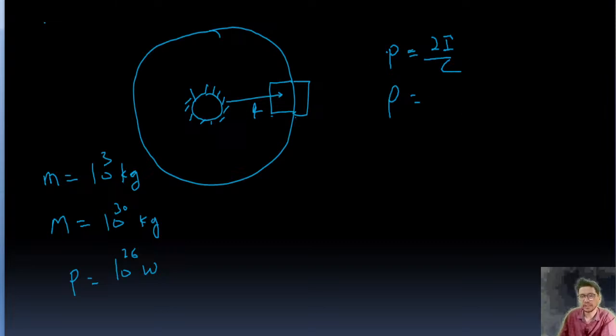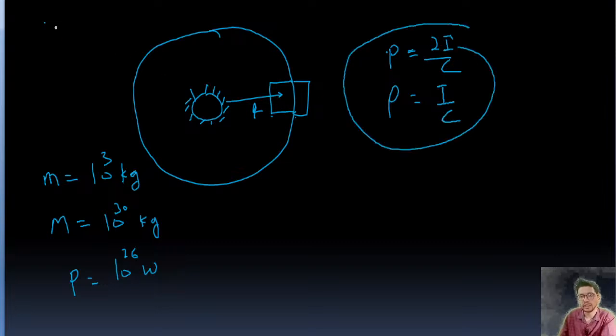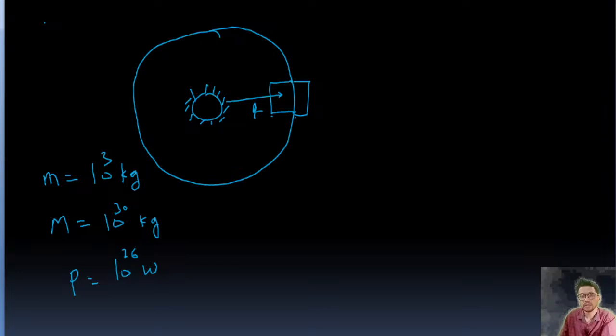That's what I explained in my optics lecture. Here the surface of the sail is completely reflecting.